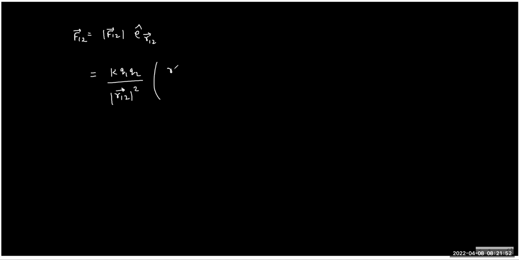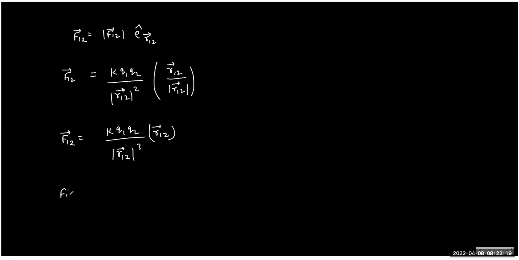And R12 itself is R12 upon mod of R12. So you can see clearly that the vector notation is K Q1 Q2 upon mod of R12 whole cube R12.